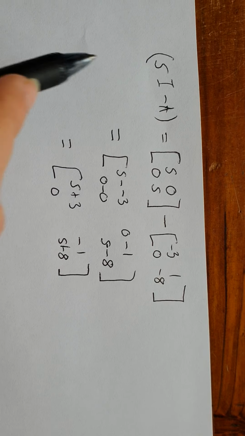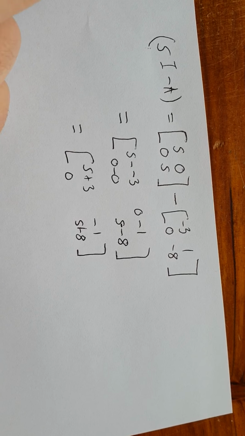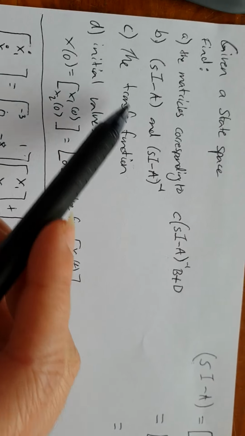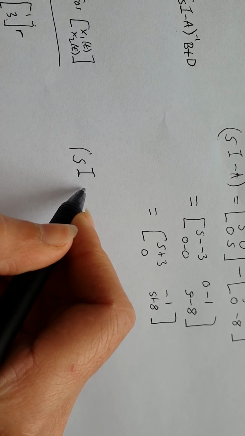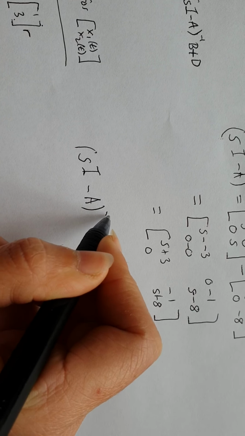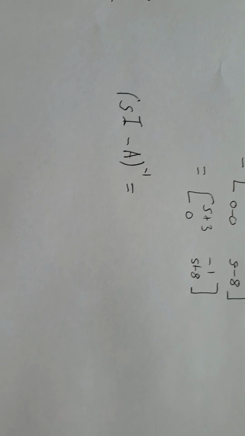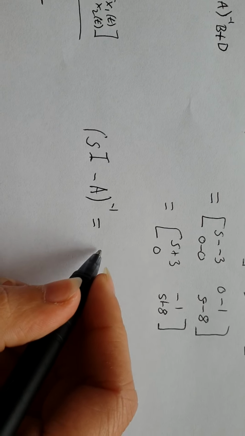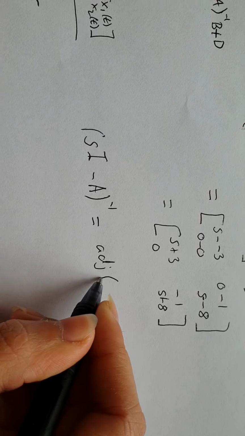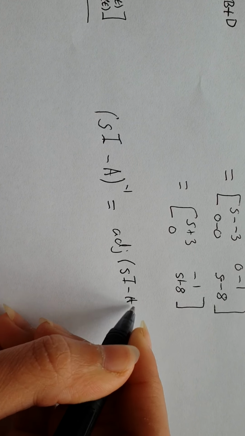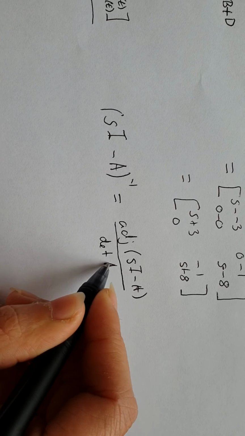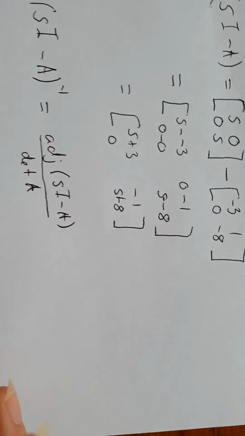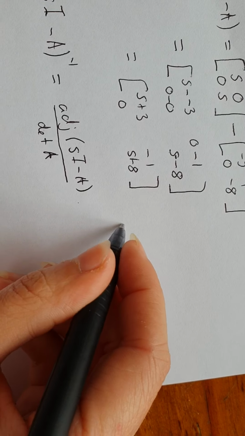Okay, so now we found this first step, this one here. So now we need to find the inverse of that. So the way to find our inverse matrix is that this is actually equal to the adjugate matrix of S minus A over the determinant of A. So let's go ahead and find the adjugate matrix first.